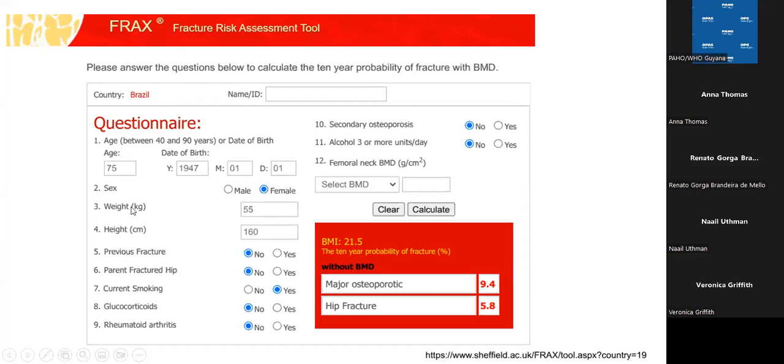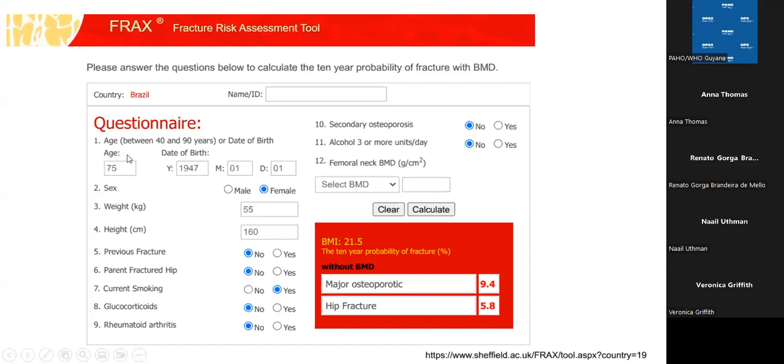And then you will insert all this information here, and you don't need to fill this item here if you don't have a bone densitometry. Usually, as I said, you don't need a bone densitometry to decide. Here, I put this information.